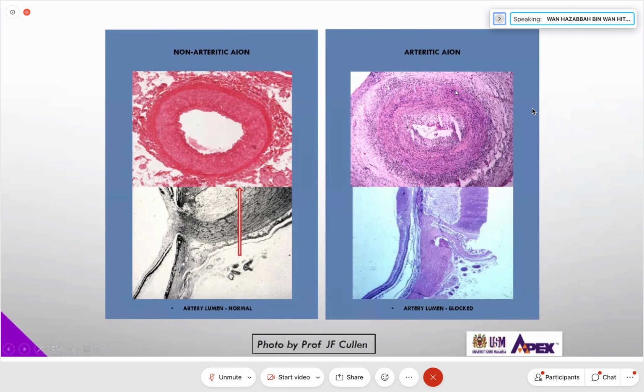That means it's a chronic process where the whole supply to the optic nerve is already obstructed. Compared to non-arthritic, the supply is okay.